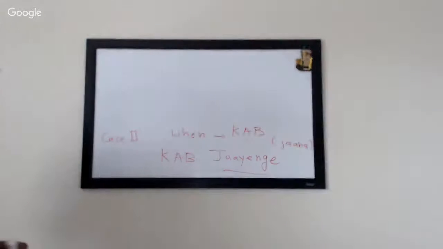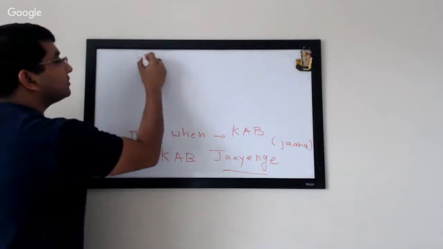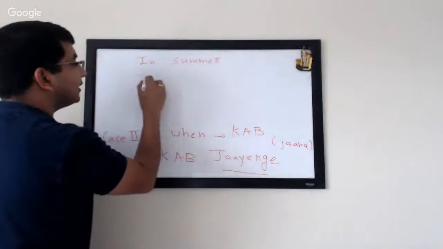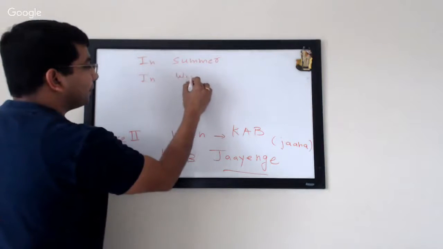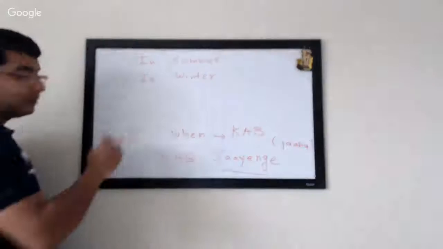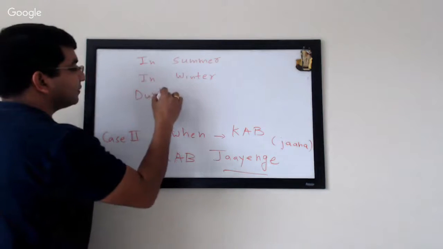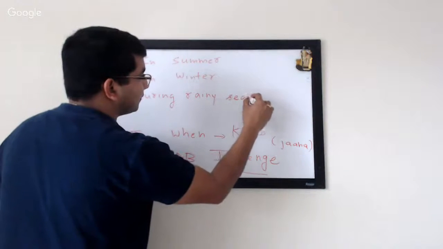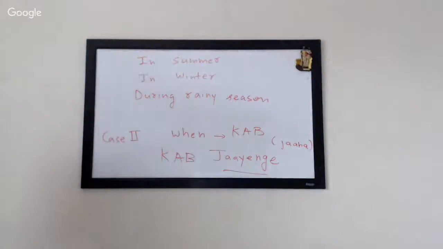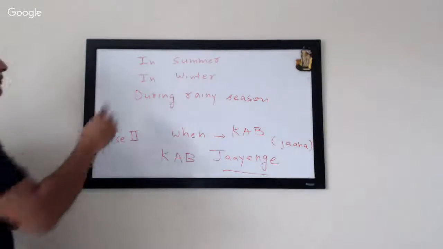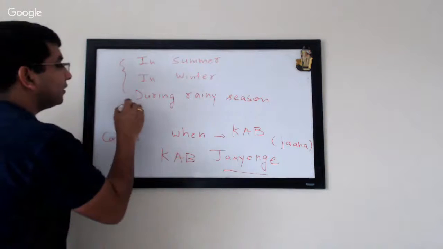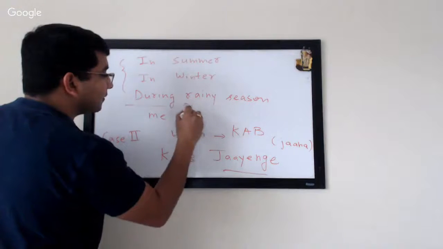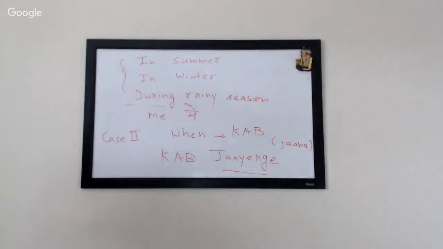कब जाएंगे? So the answer could be, in English you can simply say, in summer or in winter, or you can even say during the rainy season. Most of you are already familiar that whenever you're using these, there is a postposition in Hindi called में.